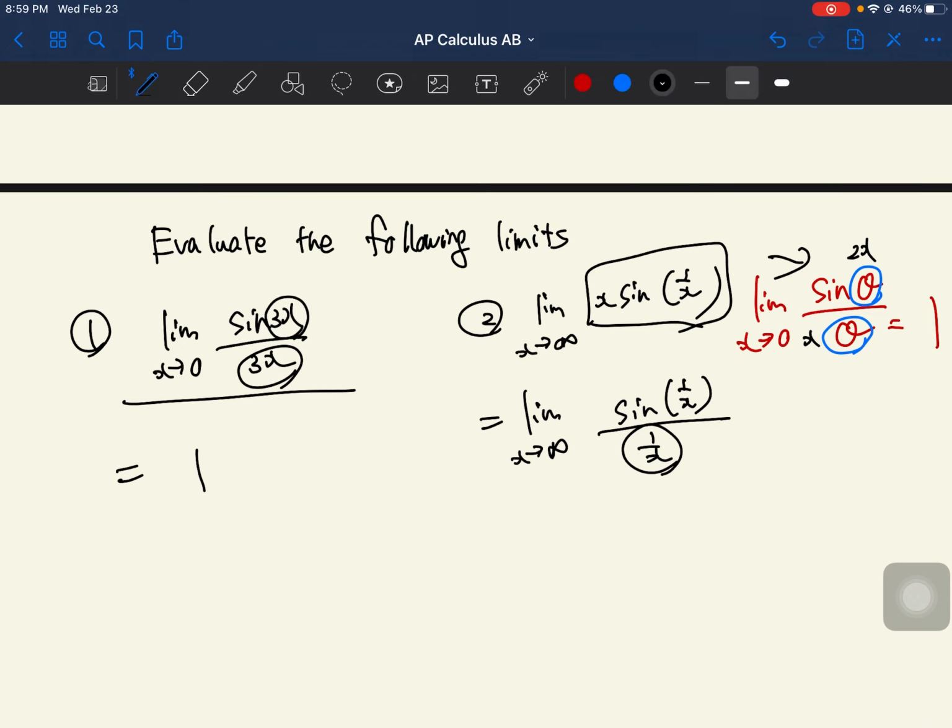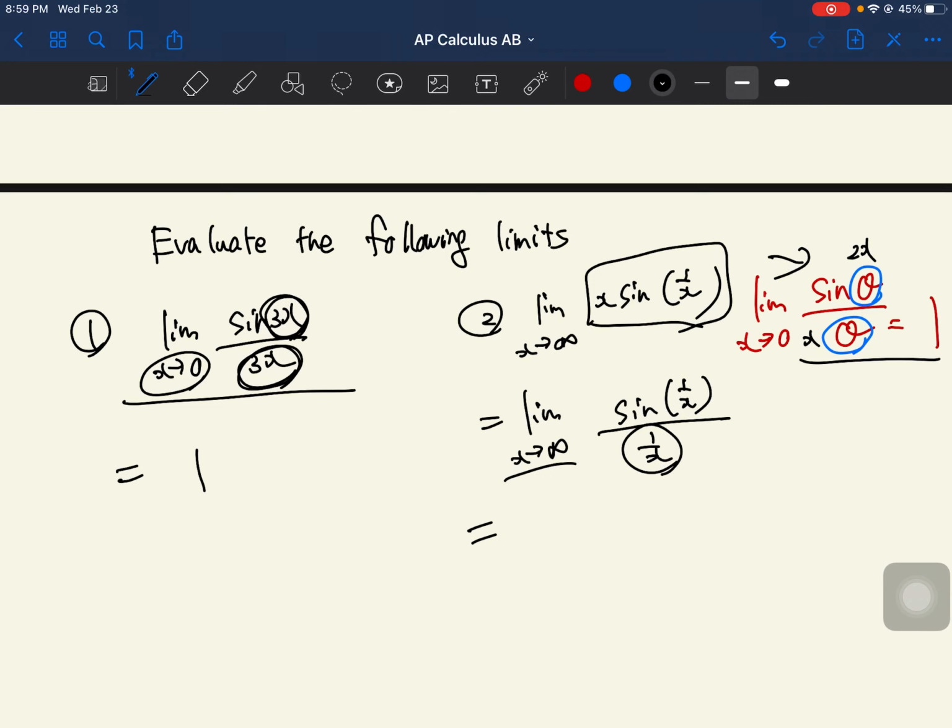So anyway, now you got an almost similar equation to this one, but now you have a problem. You have x approaches infinity. So what do you do with it? For the last one, you plugged in 0. If these numbers are really close to 0, it's going to be 1.